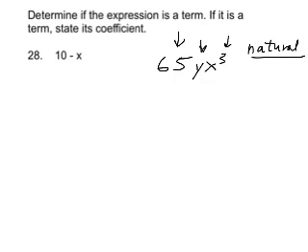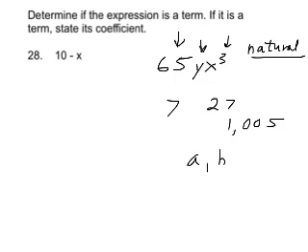In our situations, they're going to be natural numbers as far as being called a term. And so the constants, all the numbers, 7, 27, 1005, those are all constants. They're just numbers. The variables are the letters, A, B, C.